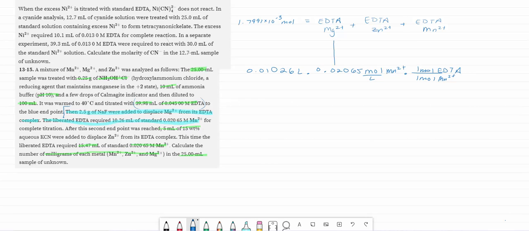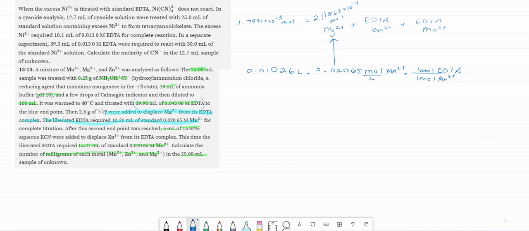But this is the EDTA that was liberated from the magnesium. So for the magnesium EDTA, I have 2.11869 times 10 to the negative 4 moles.